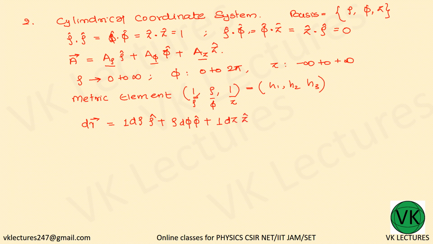Here we have added the metric element rho, since rho is the metric element corresponding to phi. So we can write it as d rho rho cap plus rho d phi phi cap plus dz z cap.